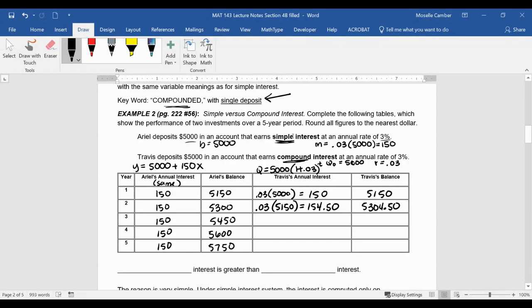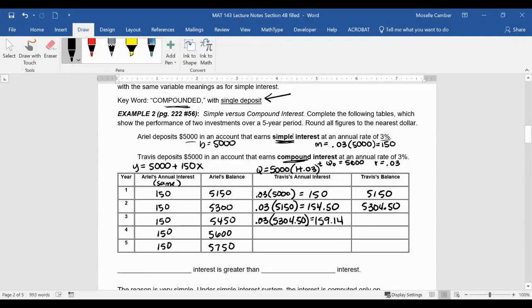Okay, so again, the next year you're going to take 3% of what the current balance is. And that gives you 159.14. Now I am rounding here when I write this on there. One caution if you're doing this on paper or on your calculator is always use the actual number.